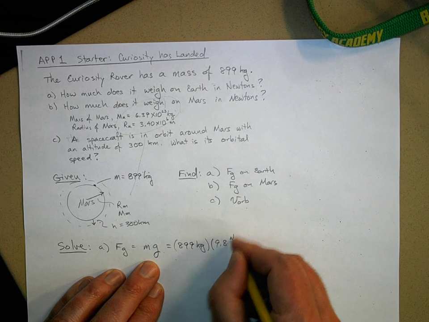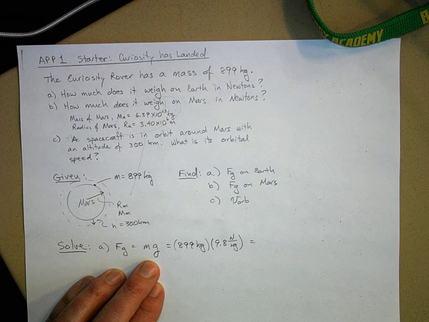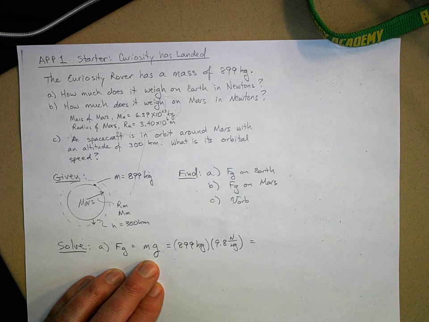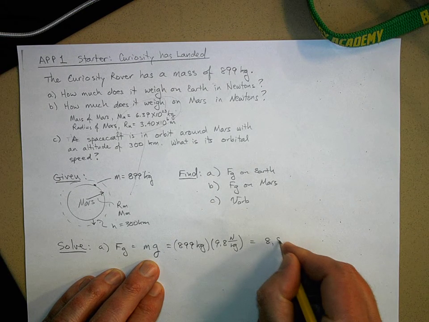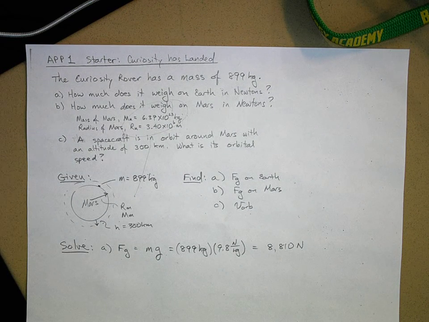It's 9.8 newtons of force per kilogram of mass. And when you do the arithmetic, you get 8,810 newtons.